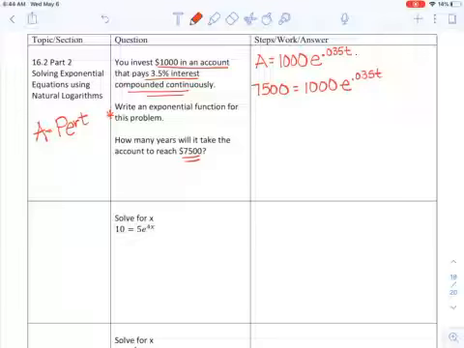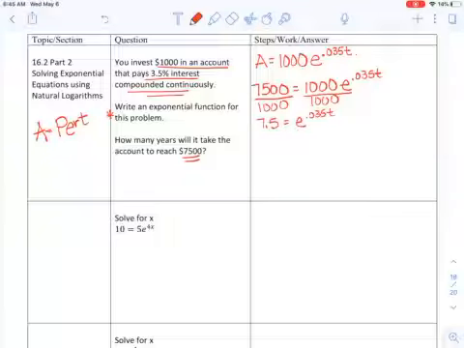Again, in order to solve this, the first thing I'm going to do is get rid of this 1,000. And so that's going to tell me that 7.5 equals e to the 0.035t power. Now, in the last section, we used common bases. Well, I don't happen to know the powers of e off the top of my head. But I do know that if I don't like something written in exponential form, I can switch it to log form.